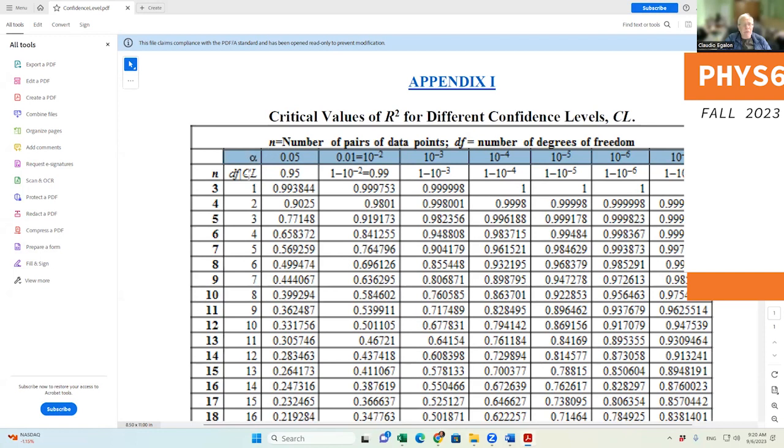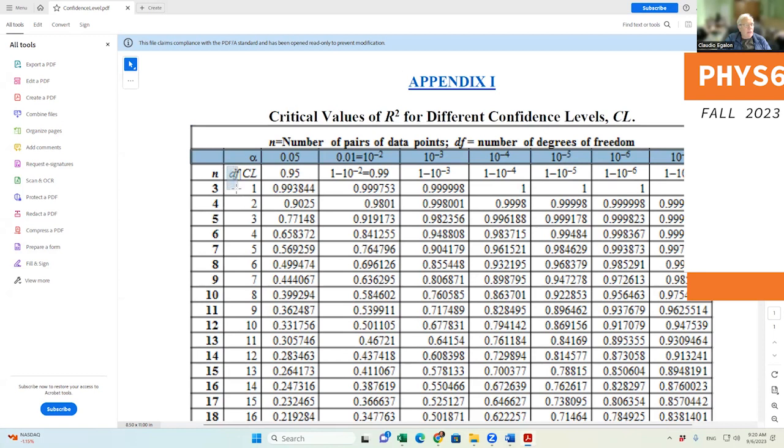So alpha is the complement of CL. Sometimes it's good to leave the alpha here so you can have a better picture of the numbers for the CL. But if I were to do the table without this alpha, I wouldn't lose any important information.